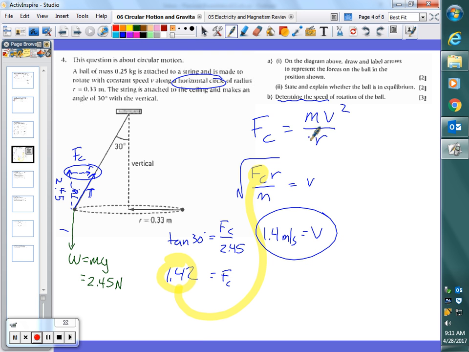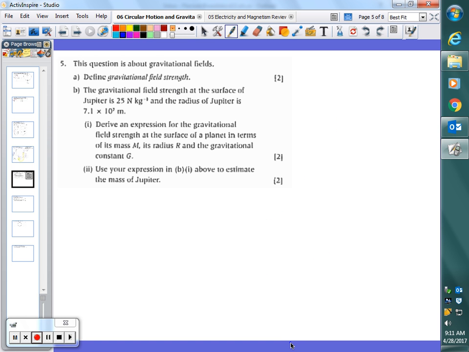Centripetal force magnitude is equal to mv squared over r. We use some trig, find the horizontal component, plug that into this equation, and solve for the velocity. Good there? All right, let's move on to universal gravitation.